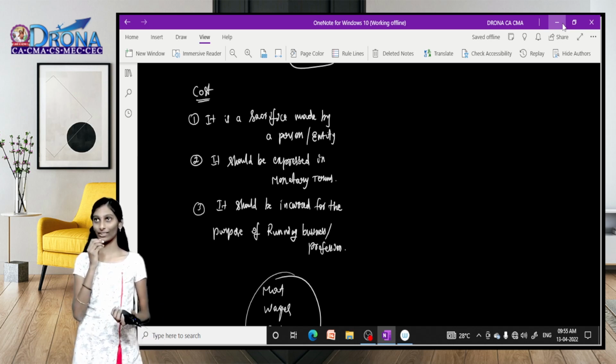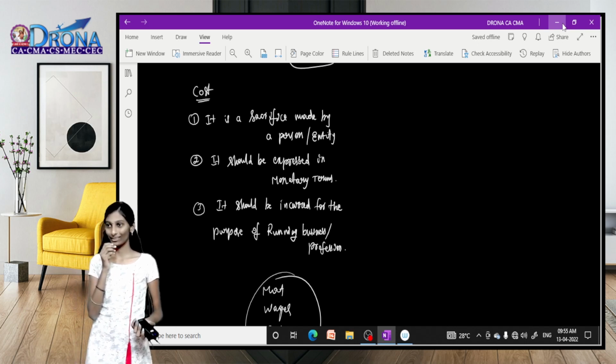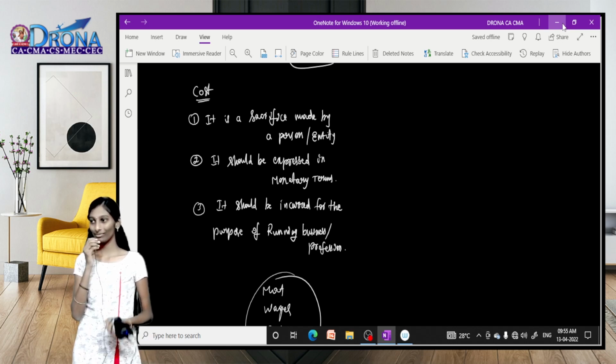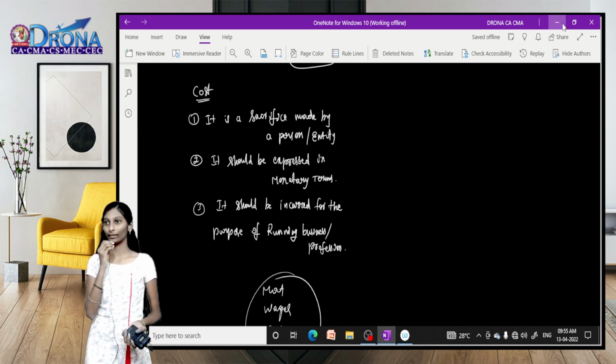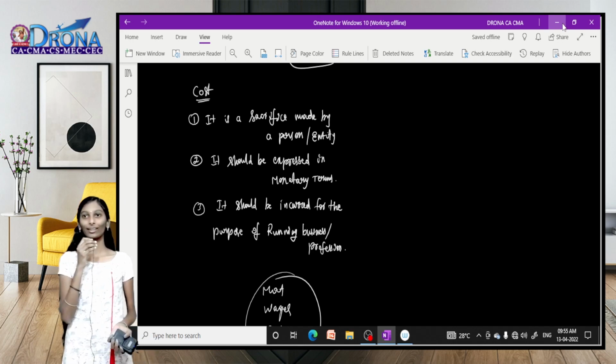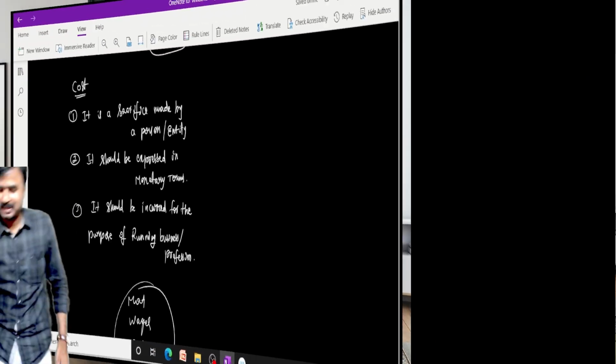And the second classification is decision making: variable cost, fixed cost and semi-variable cost, and opportunity cost and sunk cost. And the third one is controllable cost.